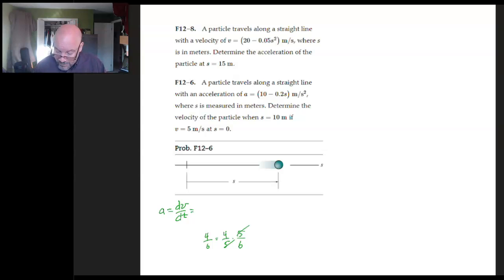Now, what we're going to do here is a very similar trick. We're going to go dv/ds times ds/dt. It's just like I did with the 5 there, except I made it a ds. Now this is called the chain rule in calculus. It doesn't really work the same way as fractions, but it's close enough.